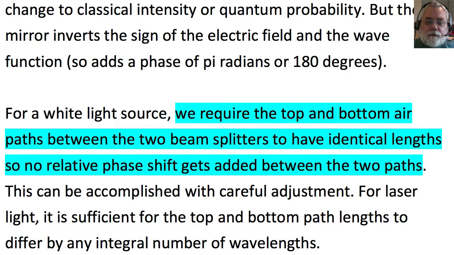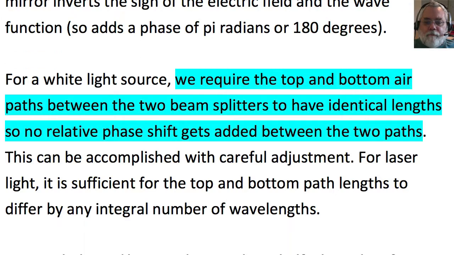If we can use laser light of a single color, it's sufficient for the top and the bottom path lengths to differ by any integral number of wavelengths, and that's easier to configure than the white light case.